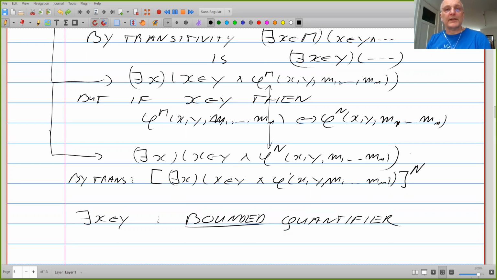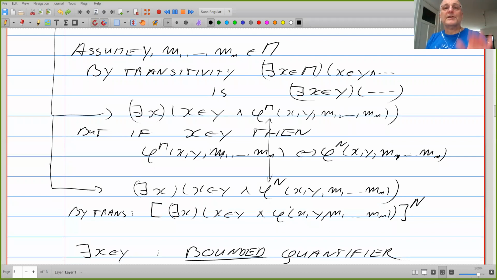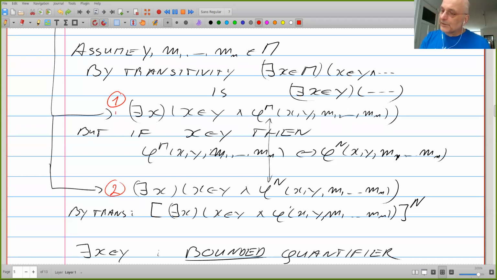No, this is a row of equivalences. Okay, if I were to write this down in a nice way, these two are equivalent because these two are equivalent. Yes.